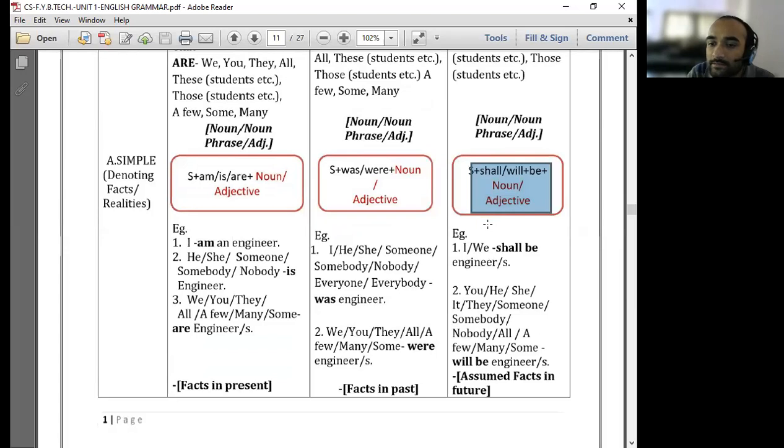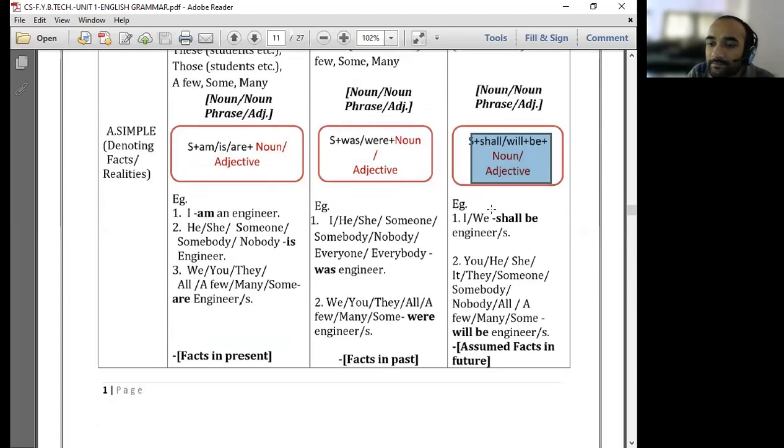Okay, we will discuss it with examples. The first example is I shall be engineer. We shall be engineers.